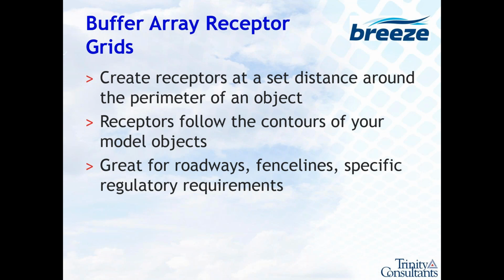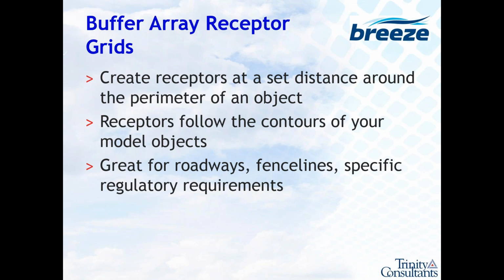If you want the receptor grid to follow the path of the road and the fence, and in particular, this is very helpful if you have specific regulatory requirements, as many jurisdictions do, that you need receptors to be a set distance away from a road, or receptors need to cover out to a set distance away from a fence line.